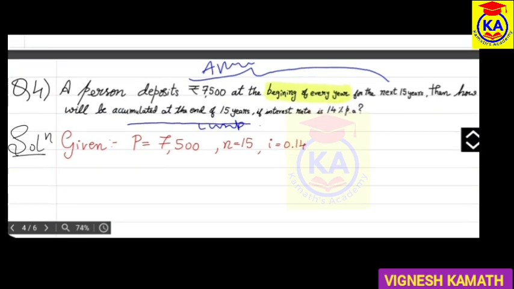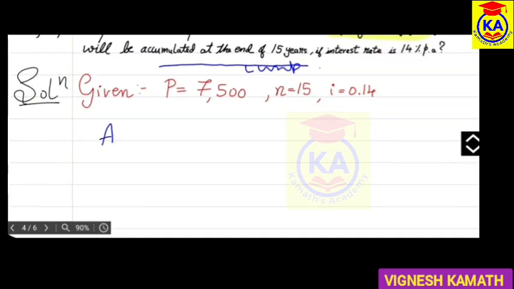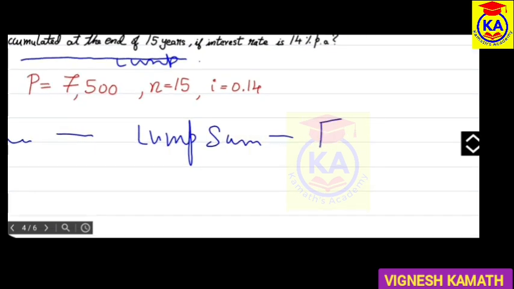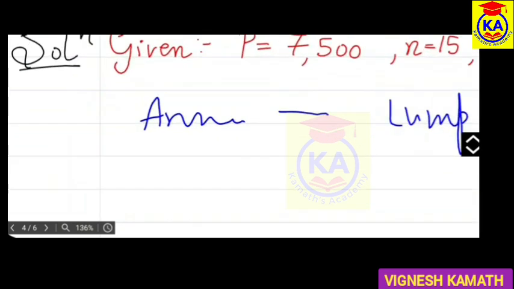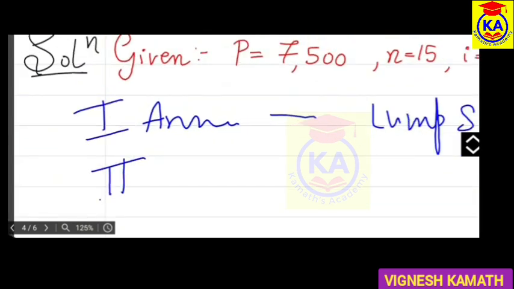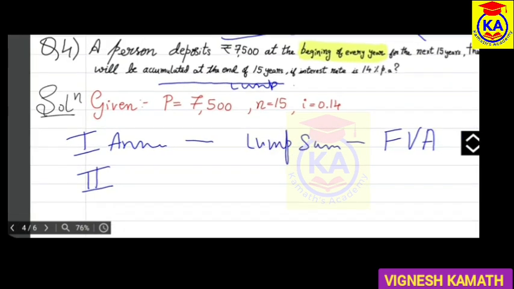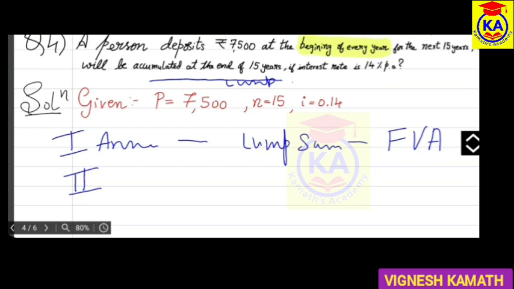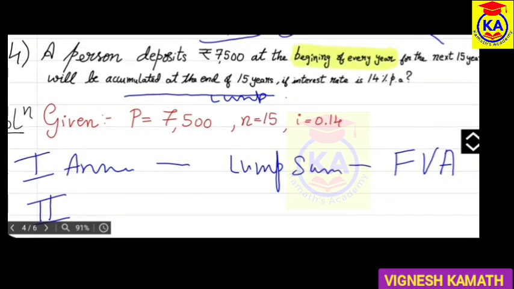I hope you are getting me. First annuity is there, later lump sum. So this belongs to future value of annuity. This first case you found out. And now the second case is whether this question belongs to immediate or due.